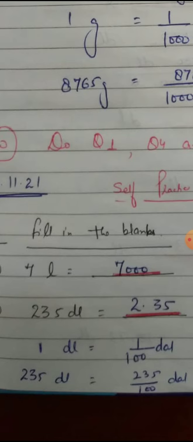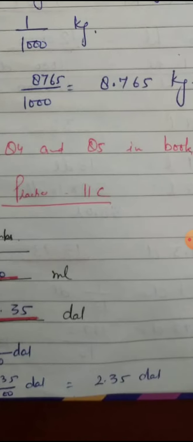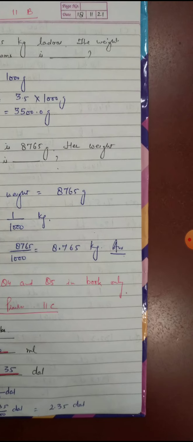It means there is a difference of 100. You are going from lower unit to higher unit, so you have to divide. 1 deciliter is equal to 1 upon 100 decaliter. 235 deciliter is equal to 235 upon 100.